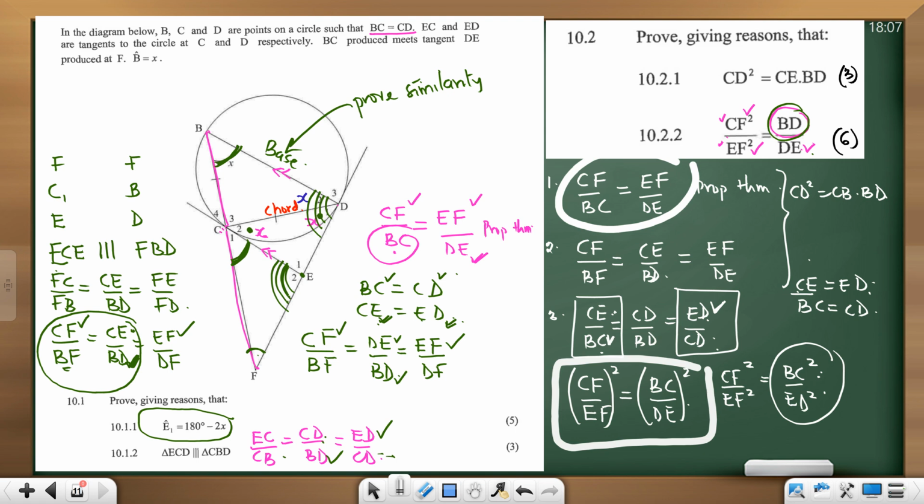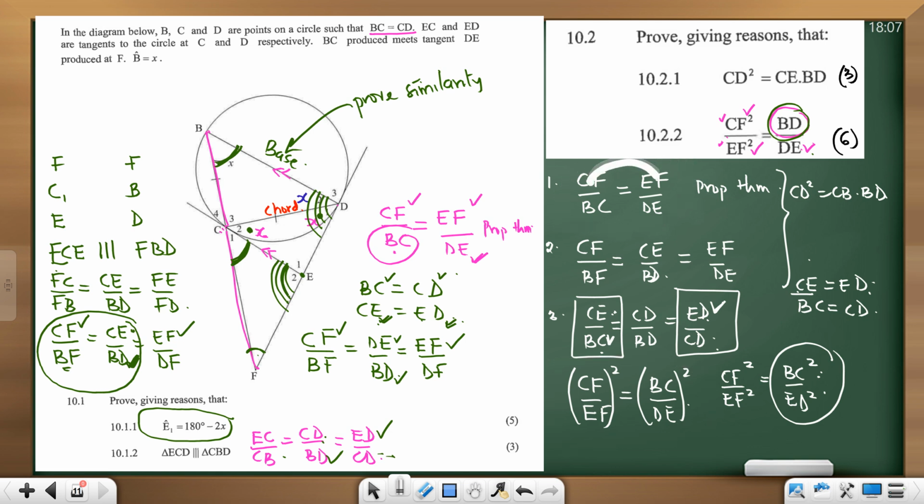Okay, from here I took it from the first one. I said CE over EF. It's mathematical. I just want to get my answer first. Are you seeing what I'm doing there? Yes, sir. Top over top, bottom over bottom. Okay. Then I squared both sides because the examiner said it's squared.